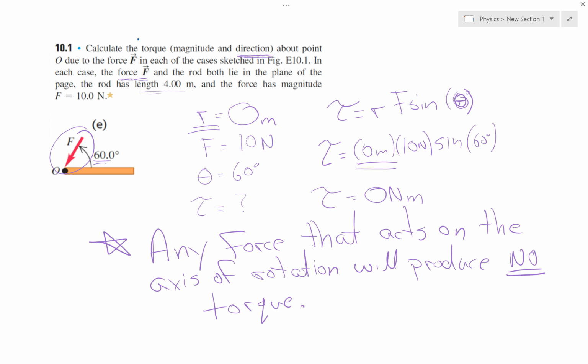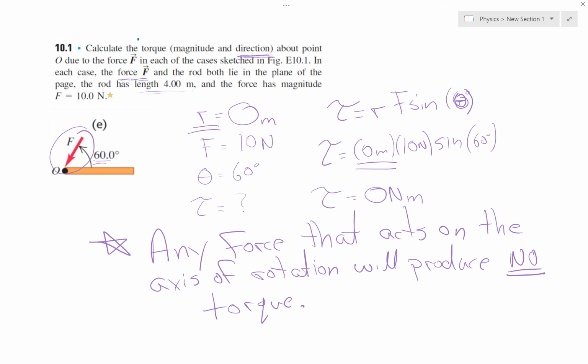It could get this system to move in space, either in the X, the Y, or the Z direction. So up, down, left, right, forwards, backwards, linear motion. But it won't be able to produce any type of rotational changes. It won't actually make this thing spin either clockwise or counterclockwise.